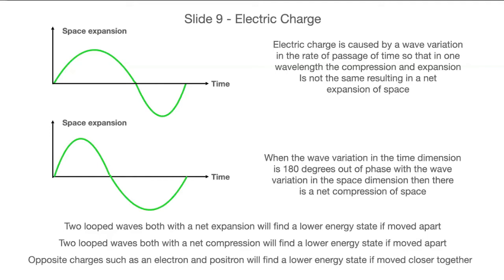What I can't tell you is whether it's expansion or compression that corresponds to the positive or negative. That's something that will have to be discovered, but it does provide a space-time explanation for electric charge, which is really important.